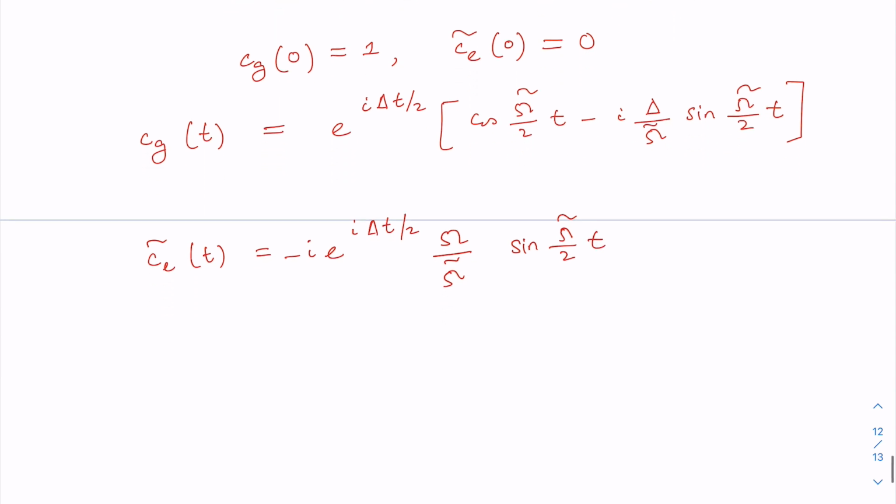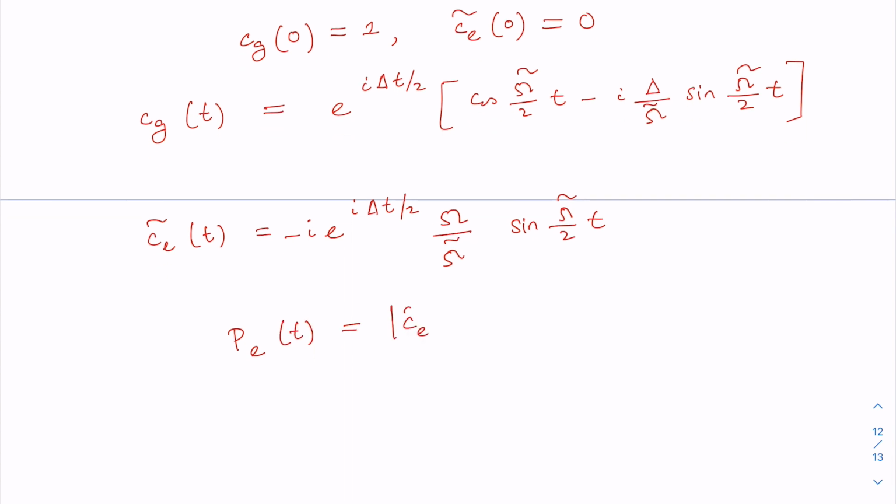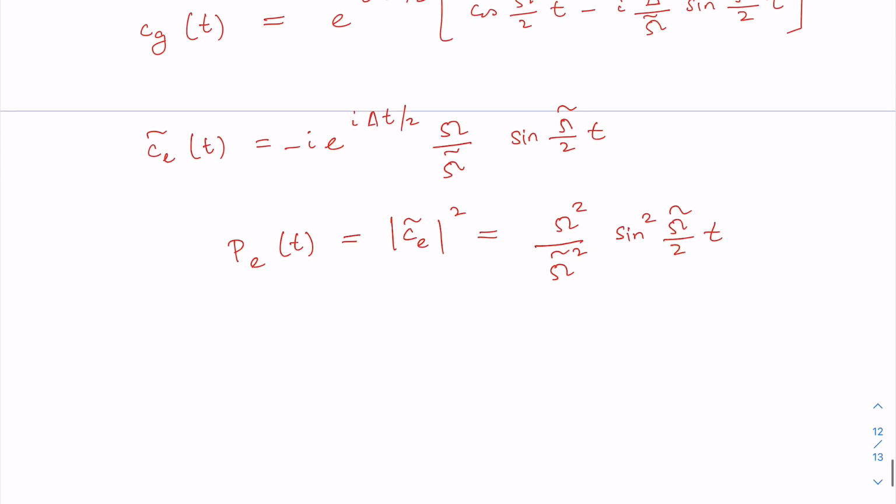So the excited state population P_e(t) would be equal to |C̃_e| squared, and this would be Ω²/Ω̃² sin²(Ω̃t/2). Thus we notice that the Rabi oscillations now occur at the generalized Rabi frequency Ω̃, and Ω̃ is greater than Ω.